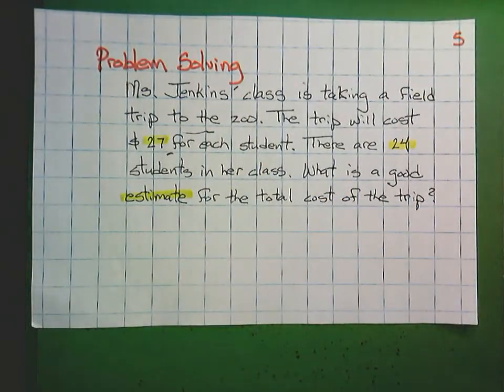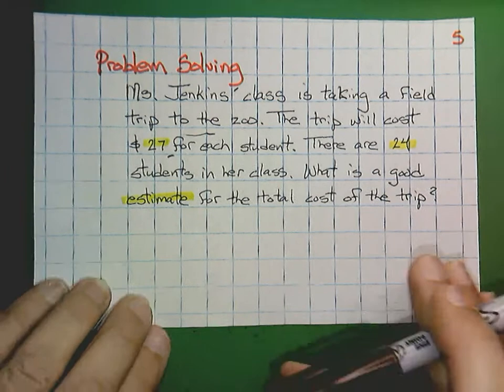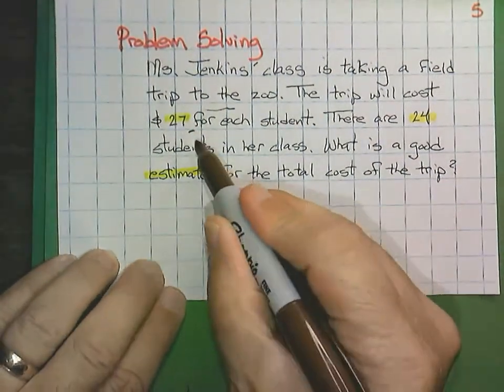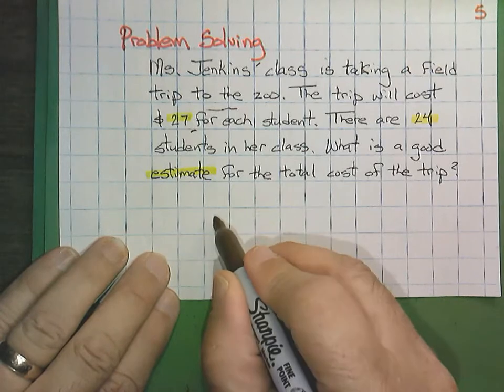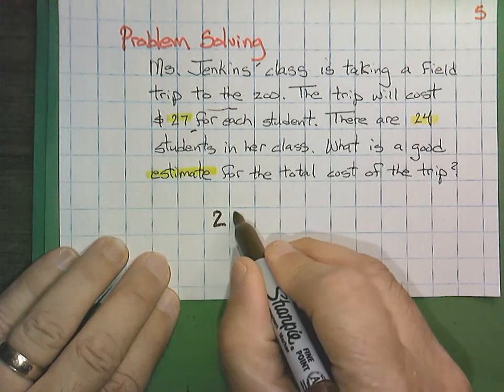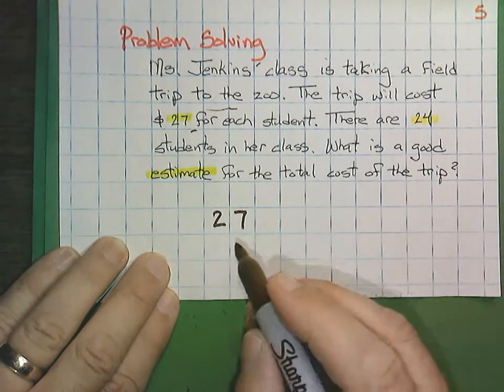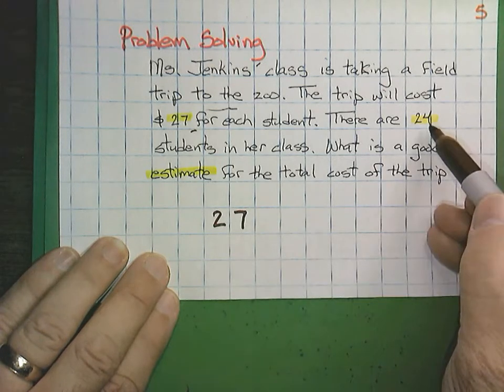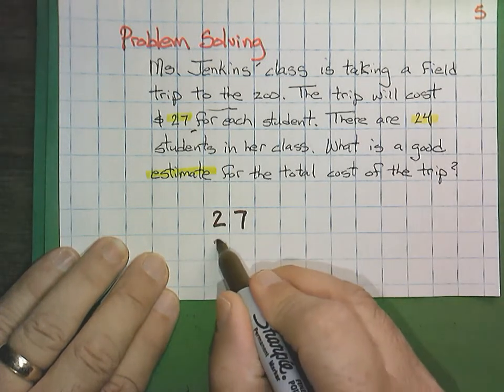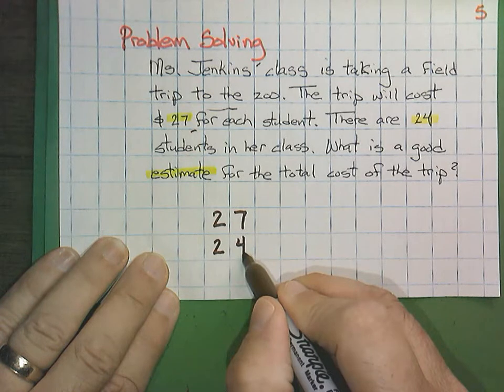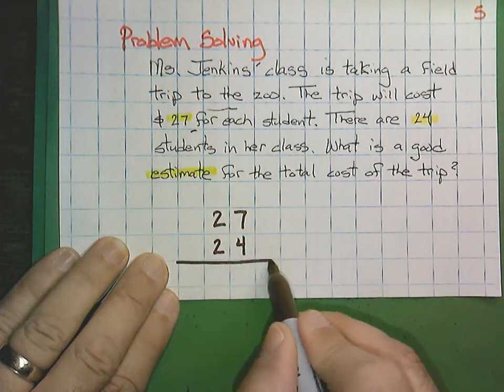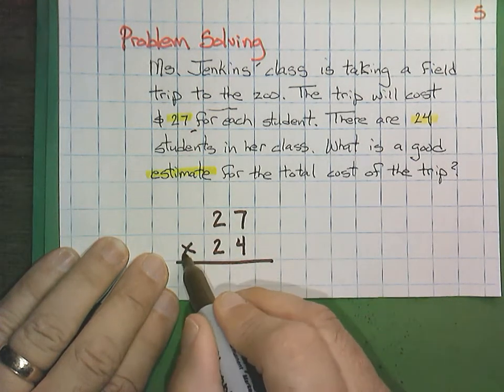In this case, that was easy because they told us. All right. So let's say $27 times 24 students.